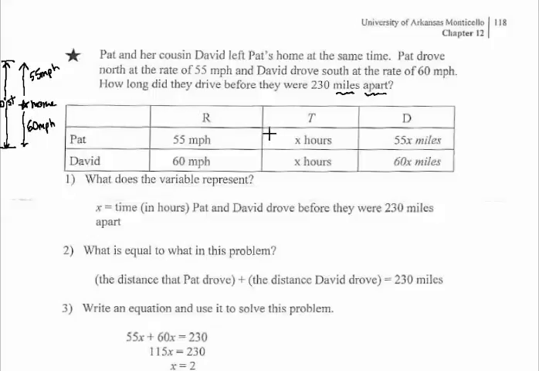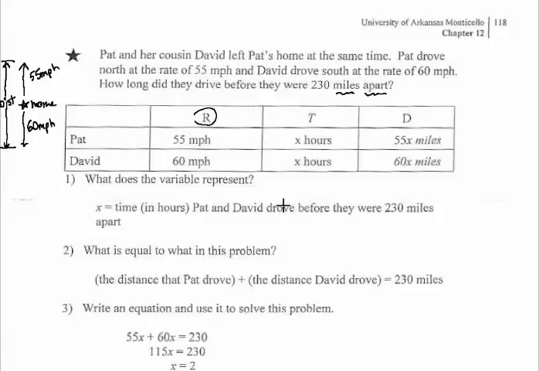Alright, so step one, and if you look at our table, you can see that they pretty much already filled it out. In the rate column, we have 55 miles an hour for Pat, 60 for David. They left the house at the same time. Now one travels farther than the other one because one's going faster.